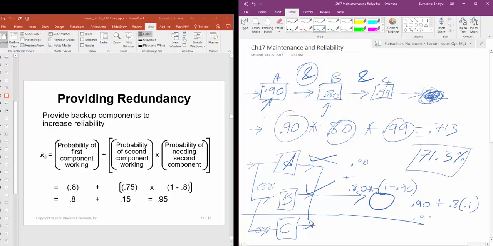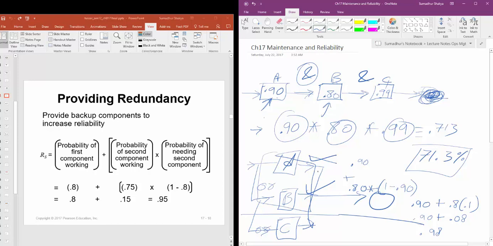This comes out to be 0.90 plus 0.08. So you will have 0.98 as the probability of success for the system A and B.